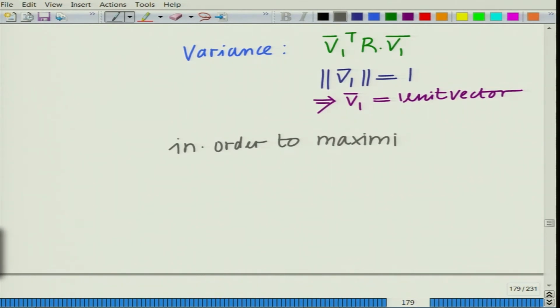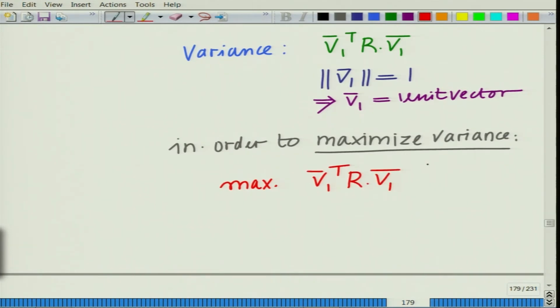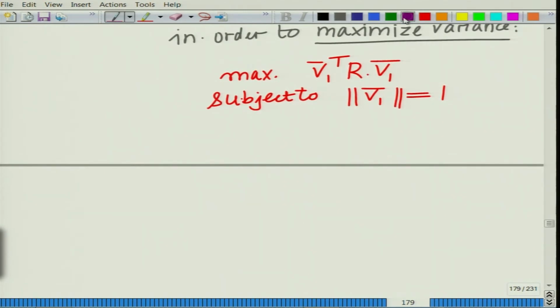in order to maximize the variance, we have to maximize V1 bar transpose R V1 bar, which is the variance, subject to the condition norm V1 bar equal to 1, or you can also say norm V1 bar square equal to 1, which implies V1 bar transpose V1 bar equal to 1.